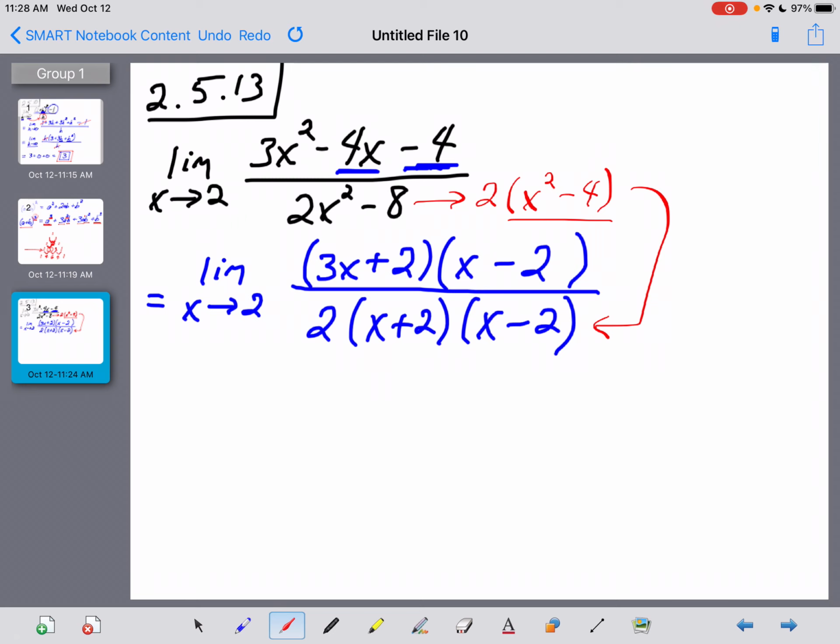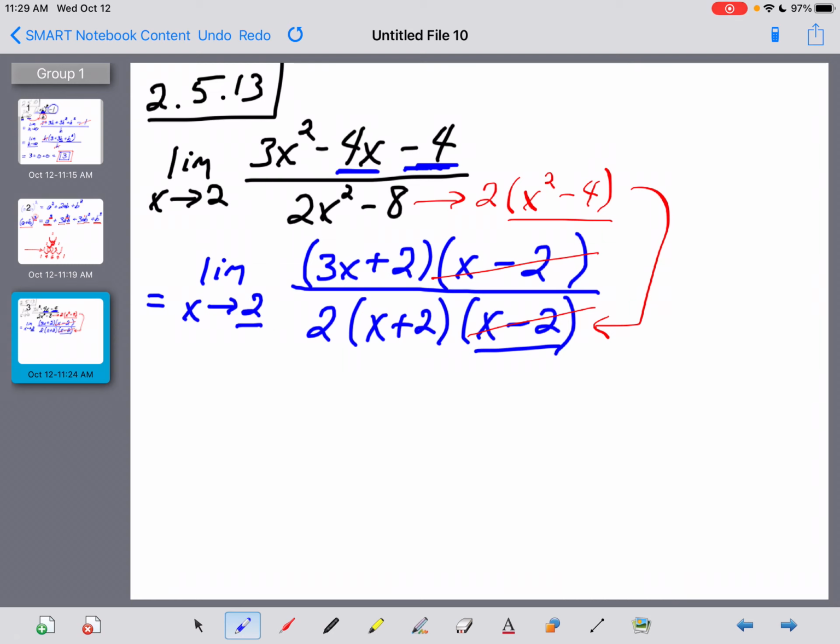Now, what is supposed to happen in most of these problems is that you factor your numerator and your denominator, and hopefully you're able to cancel out the one factor in the denominator that was making plug and chug or direct substitution not work. Well, sure enough here, the x minus 2 on top and the x minus 2 on bottom cancel out completely, and it was that x minus 2 that would have equaled 0 if I let x actually become 2.